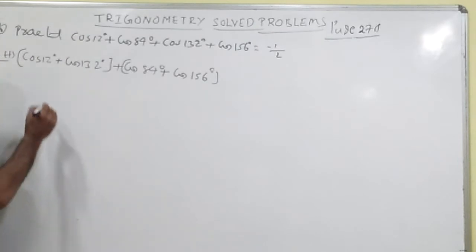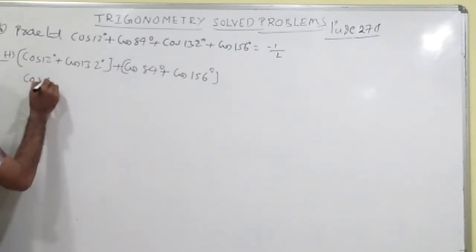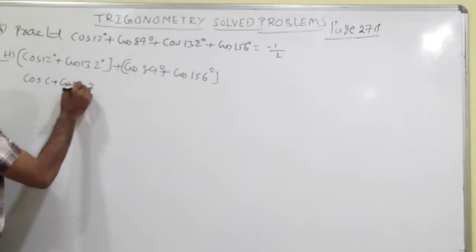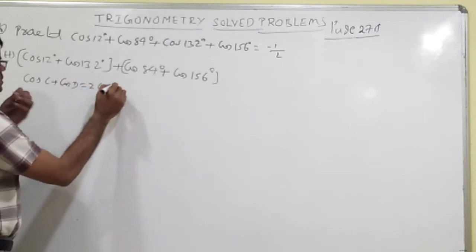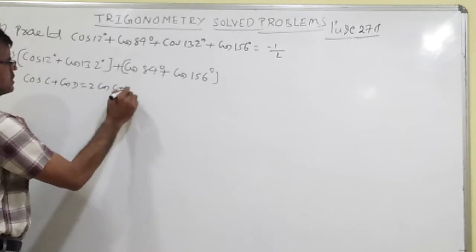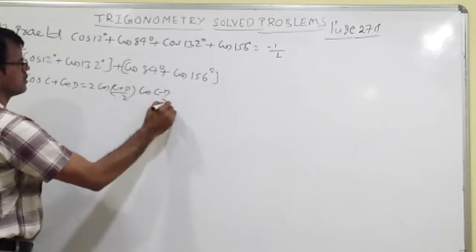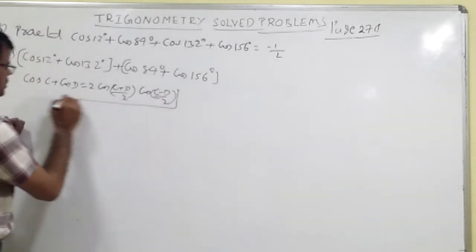You should know the formula of cos C plus cos D. The formula of cos C plus cos D is 2 cos (C plus D) by 2 into cos (C minus D) by 2.